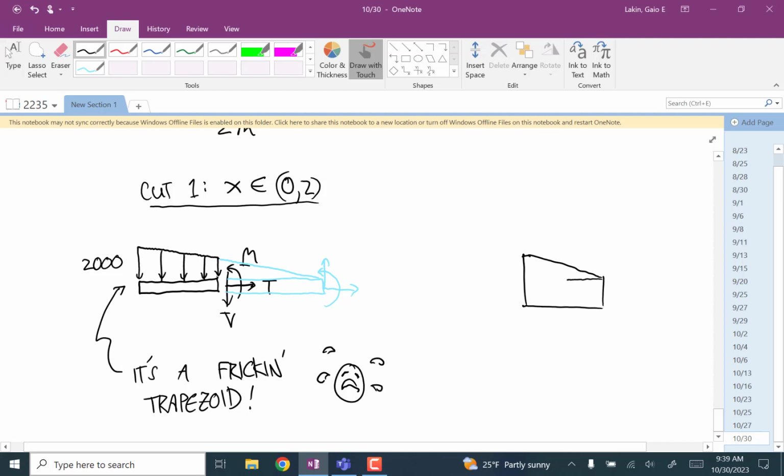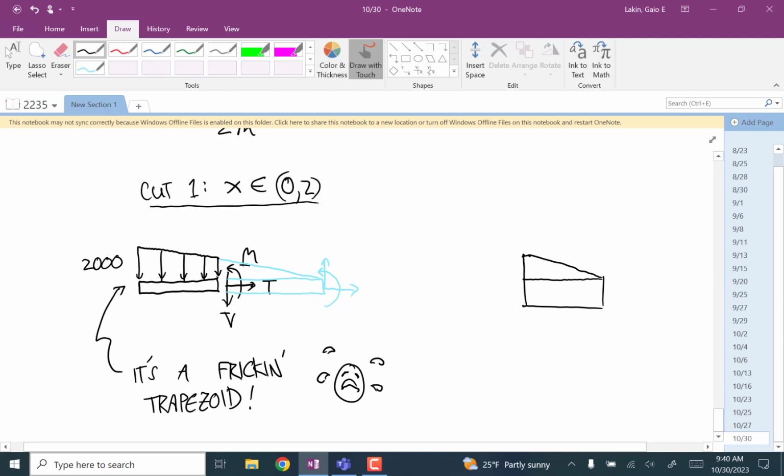To do this calculation, you could break it up into a rectangle and a triangle. Base times average height, height 1, height 2, divided by 2. No. You'd have to come up with the Q function, the function for that line, and that would be the height of that rectangle.